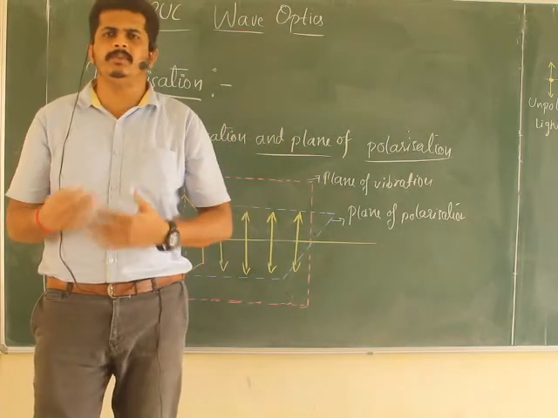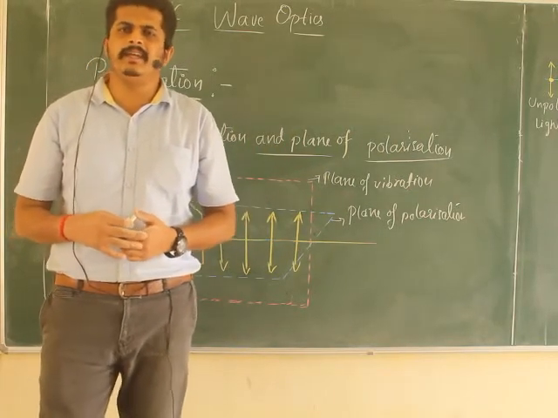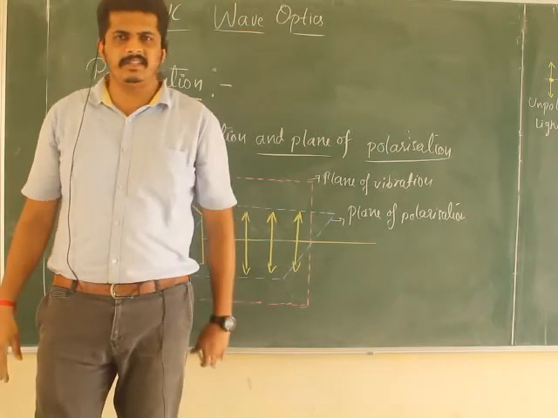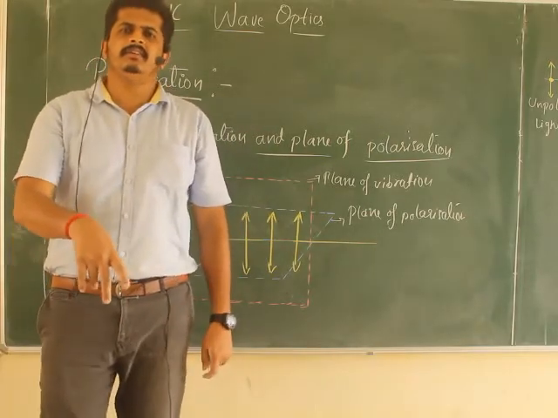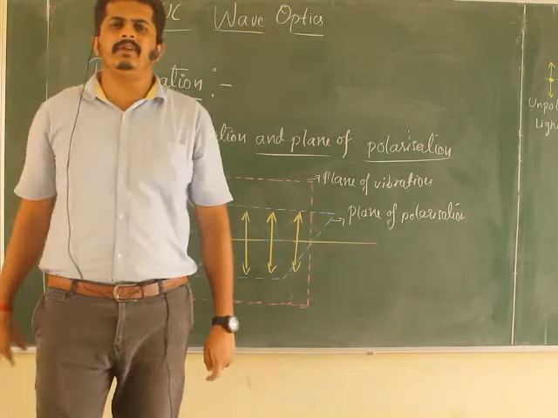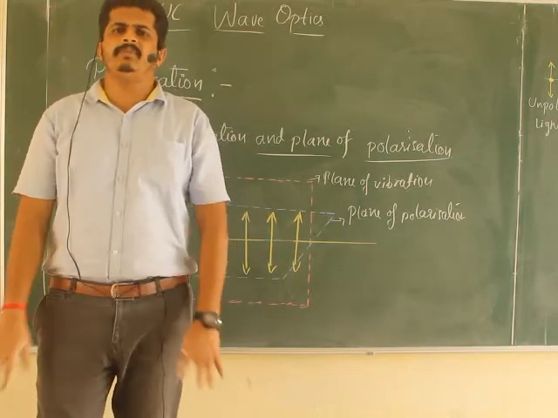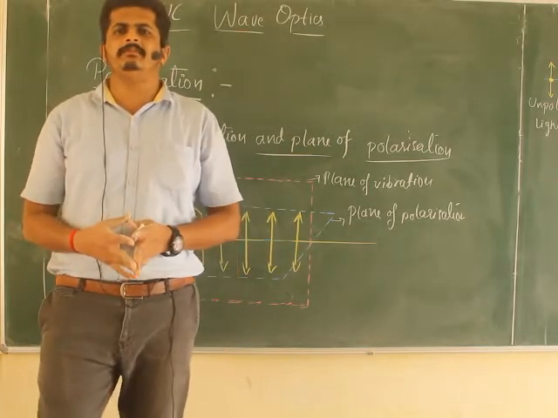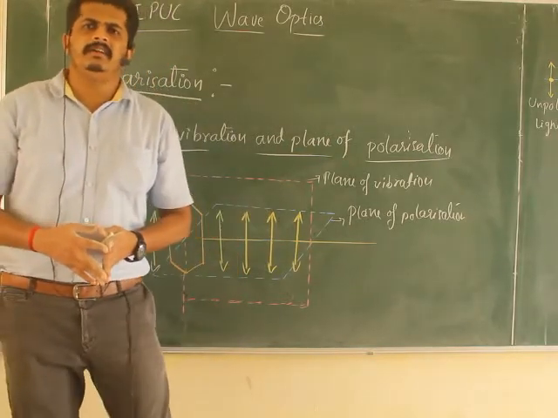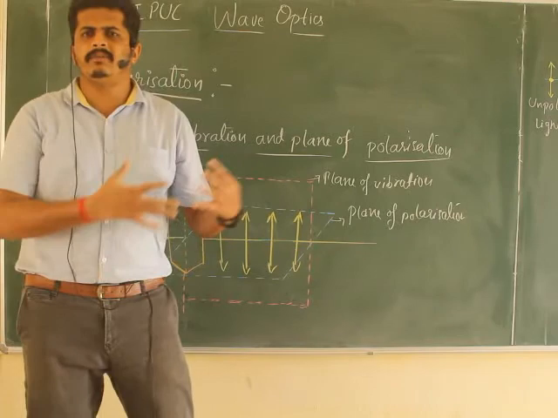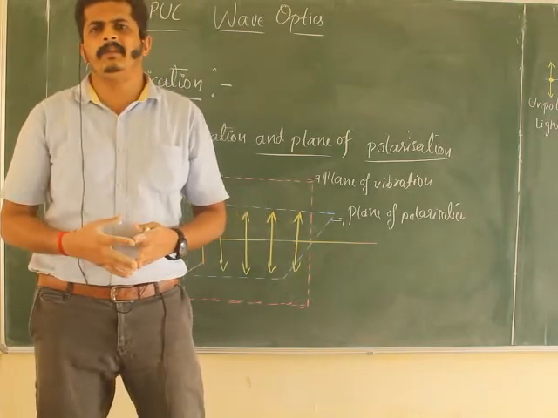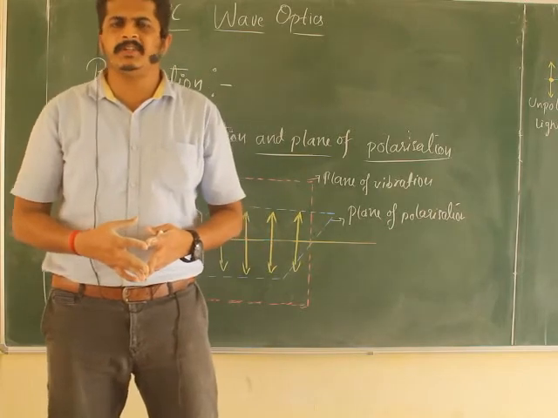Today we have learned a new phenomenon of light. The phenomenon which proves that light is a transverse wave is nothing but polarization. What is polarization? The phenomenon in which light vibrations are restricted to a single plane. How is it possible? It can be done by using some crystals, for example tourmaline crystal, and we have to do some experiment.